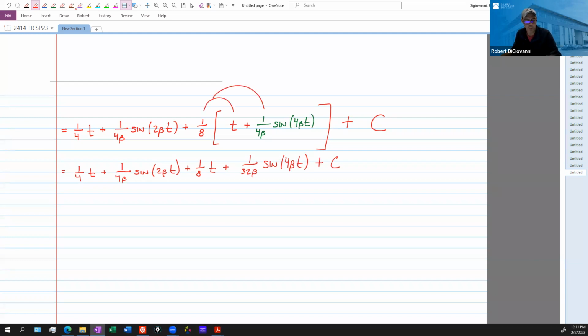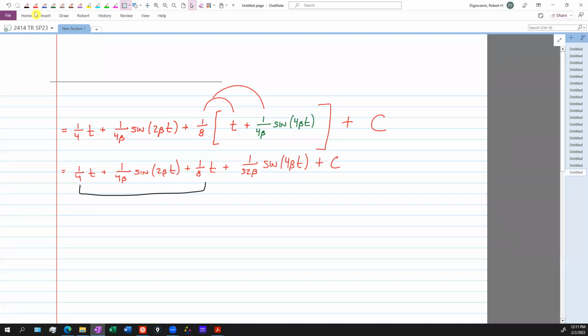Okay, I just distributed the 1/8 through. And the reason I did that is because these two are like terms. I have a 1/4 t and I have a 1/8 t. And 1/4 plus 1/8 should be 3/8.